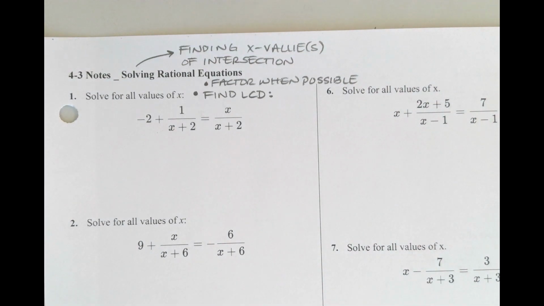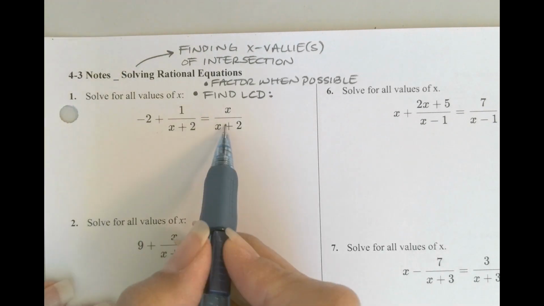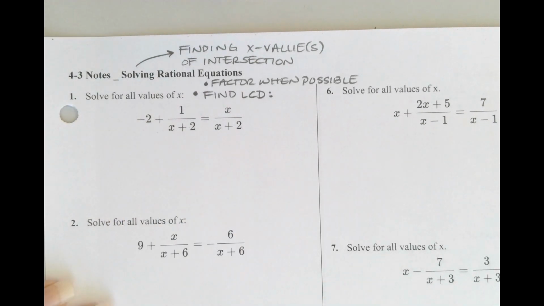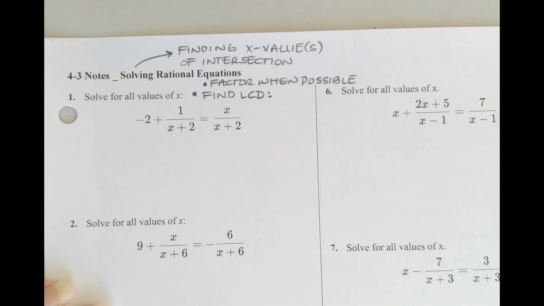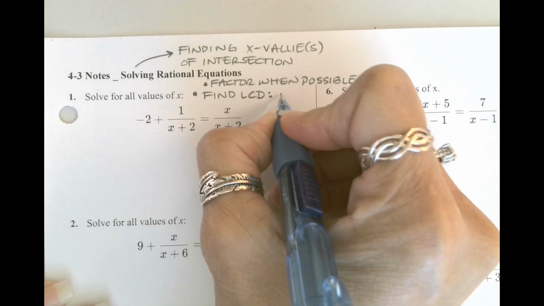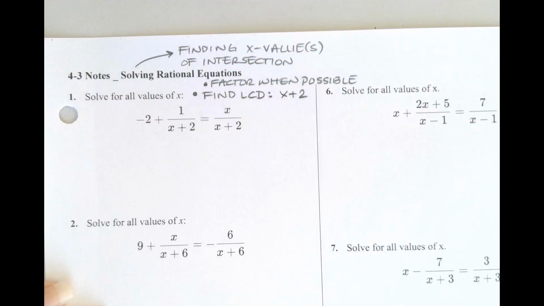If you were to establish a lowest common denominator for each one of these expressions, what would be the lowest common denominator? X plus 2, correct. We would want every single one of those to have a common denominator of x plus 2.